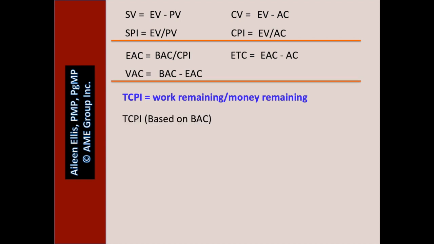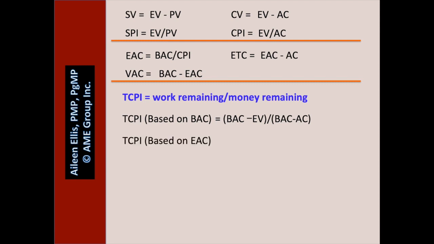They could ask for the TCPI based on the BAC, meaning the question says, what is the TCPI assuming no additional funds are being added, or assuming you need to finish on budget? The equation: BAC minus EV, which is work remaining, divided by BAC minus AC, which is money remaining.